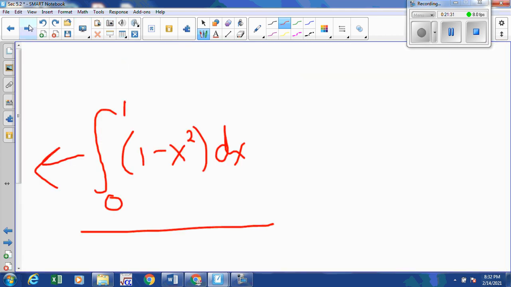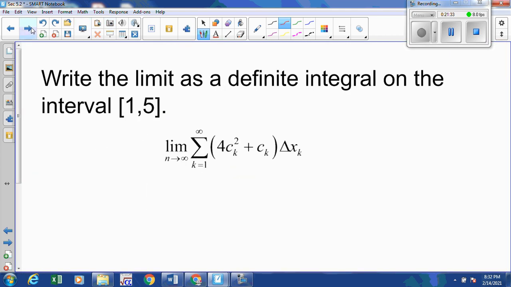And for the homework today, that's what we want to look at, the first part of it. We're going to be given one of these limits of a Riemann sum, and we're asked to write the definite integral. First off, you need the integral from 1 to 5. So we write the interval from 1 to 5. This part in here is our f of ck, so we're going to rewrite that as just f of x.